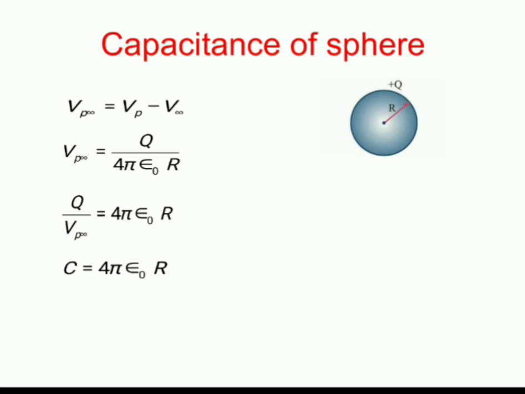So if you know the potential at point P on the surface of the sphere is Q by 4 pi epsilon naught R, from there you can write Q by V as 4 pi epsilon naught R. And just now I told you Q by delta V gives you capacitance. So the capacitance of a sphere is 4 pi epsilon naught R. Here you can clearly see that as the radius is increased, capacitance will increase. So capacitance depends on the radius of the sphere for this capacitor.